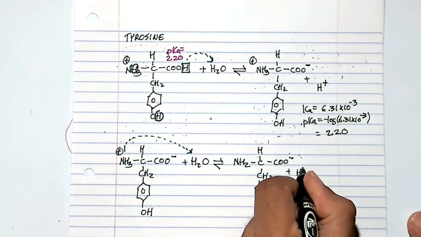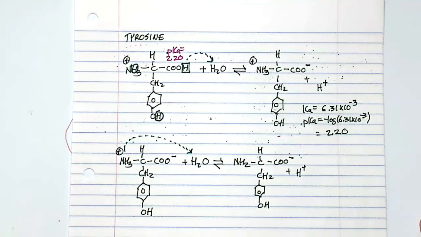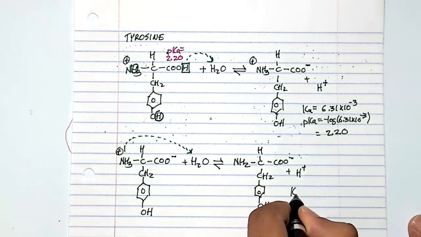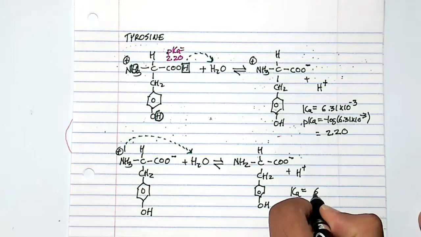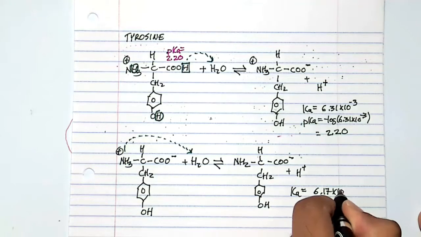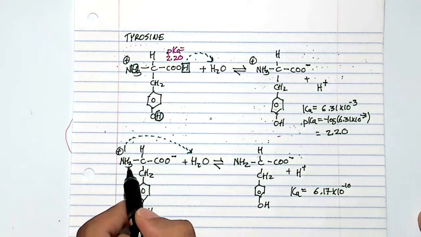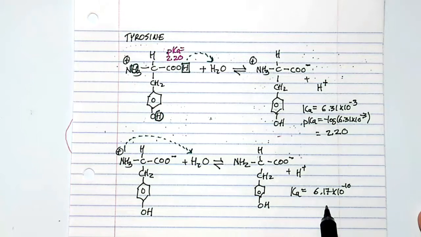Then we have an H plus here. So what is the Ka for this? When I looked it up in the textbook, the Ka for this is 6.17 times 10 to the minus 10. So this proton has a Ka value of 6.17 times 10 to the minus 10.